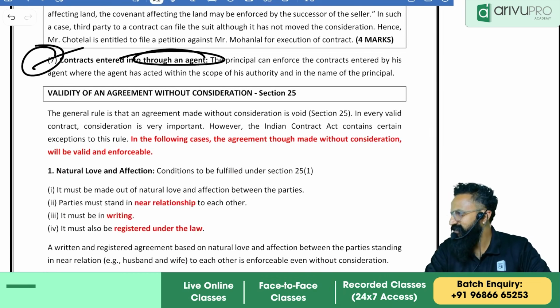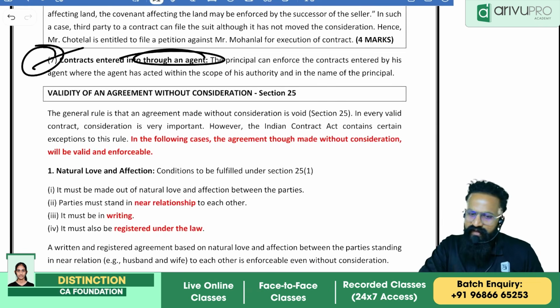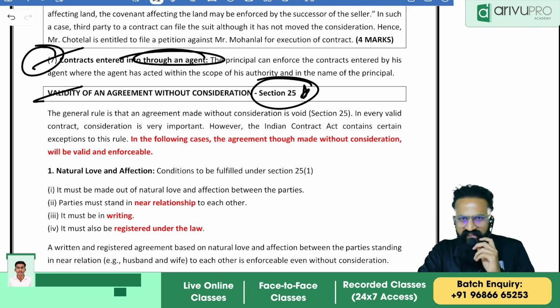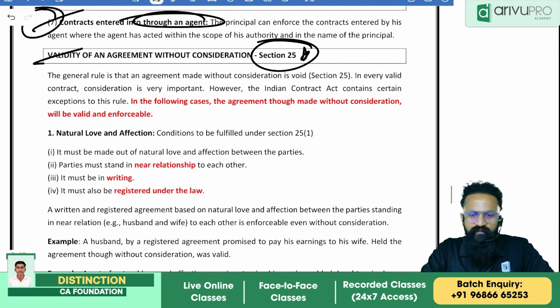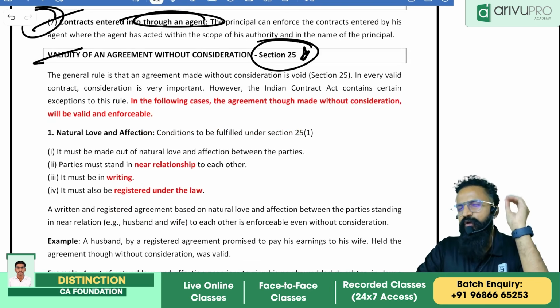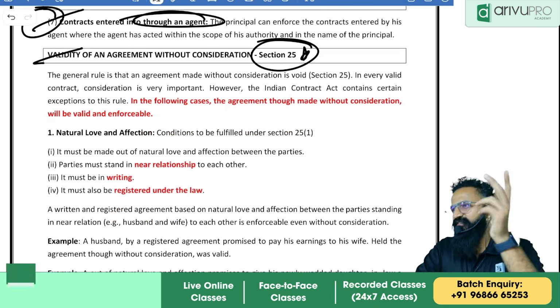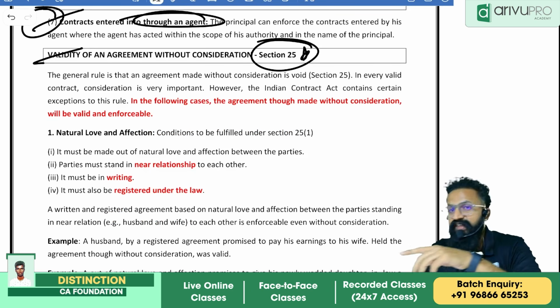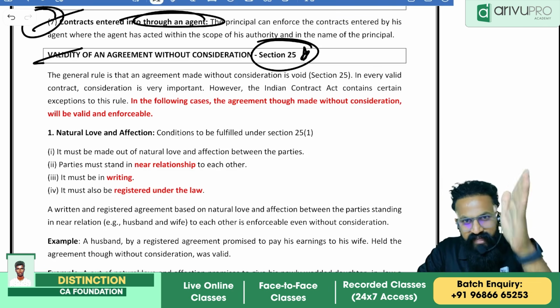Correct? Okay. Validity of an agreement without consideration. Now see how important Section 25 is. Now go back and see. Sir, the general rule is quid pro quo, consensus ad idem, there has to be give and take. But even if there is no give and take, in certain cases the contract will still be valid.